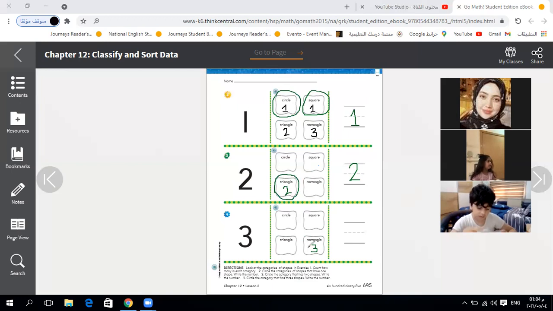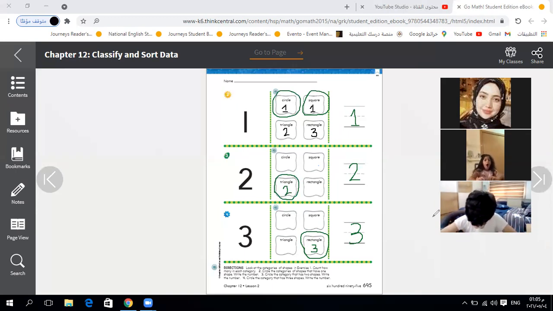Rectangle. Bravo, the rectangle has 3 shapes in it. So circle the rectangle in here, and write the number 3. Bravo Hala, great job. Bravo Hala, thank you so much.